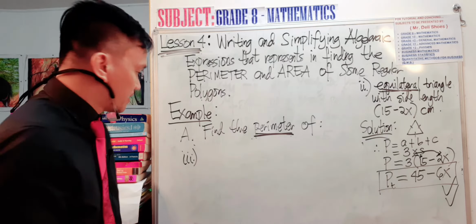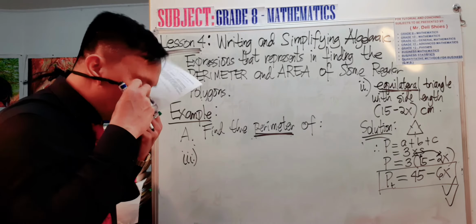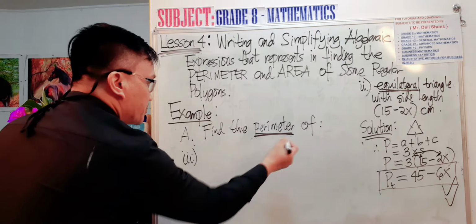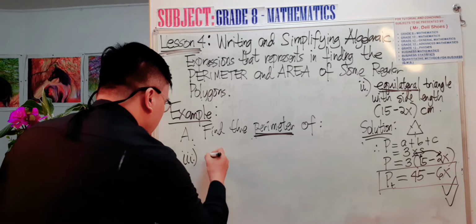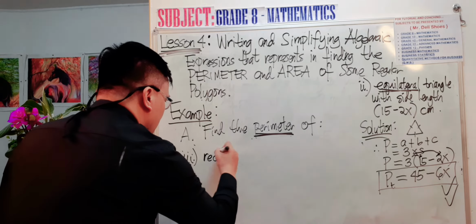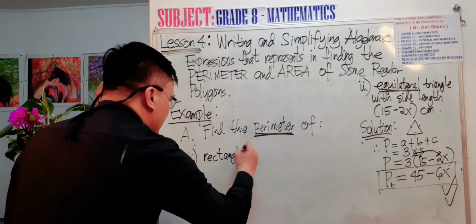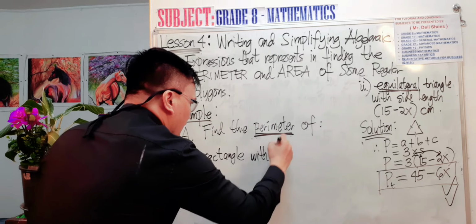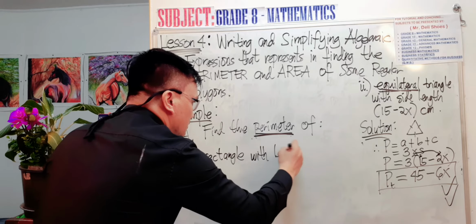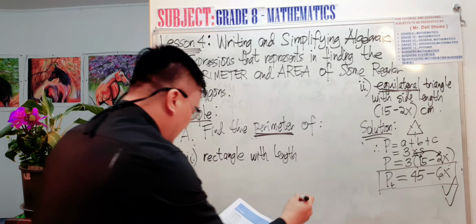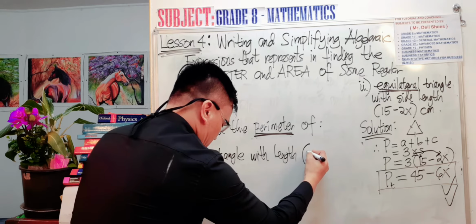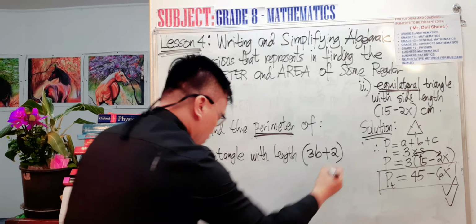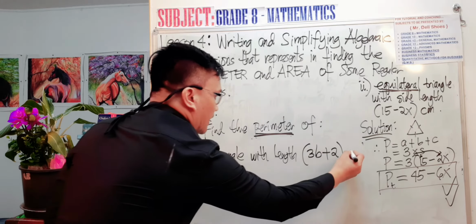Our example number 3 is, okay, I'll write it down here. Find the perimeter of a rectangle with length, watch out on this, with length 3b plus 2 centimeter.